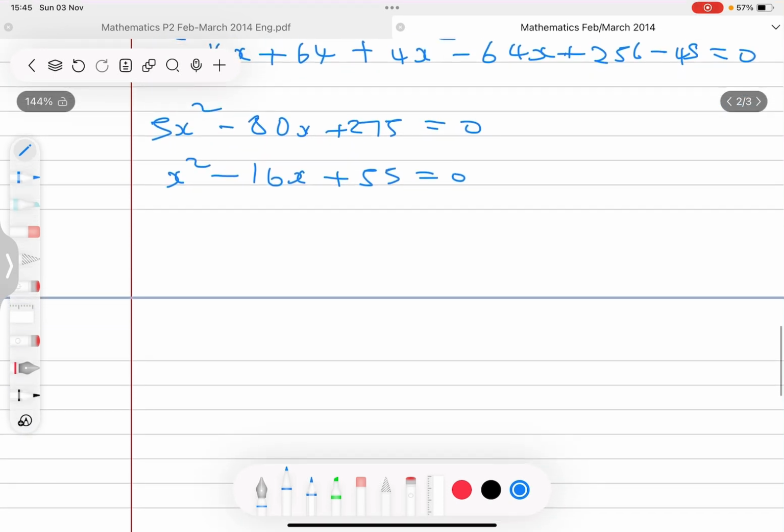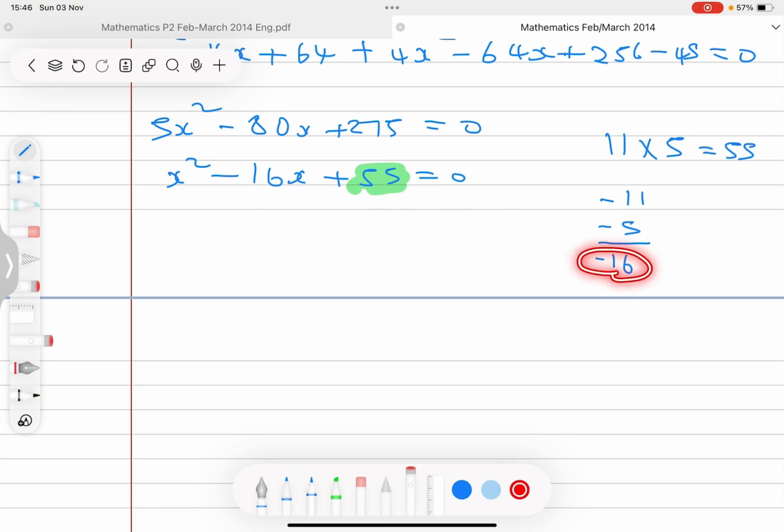This looks like something that I can work with because the products of 55 could be 11 and 5. So 11 times 5 would give me 55. And I can see that if I say negative 11 minus 5, this will give me a negative 16.